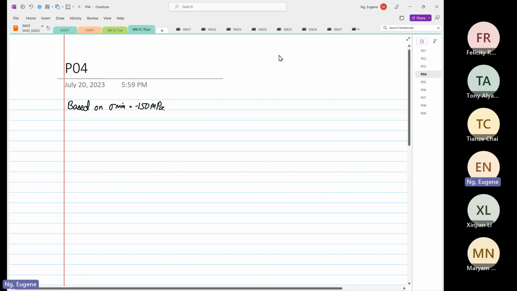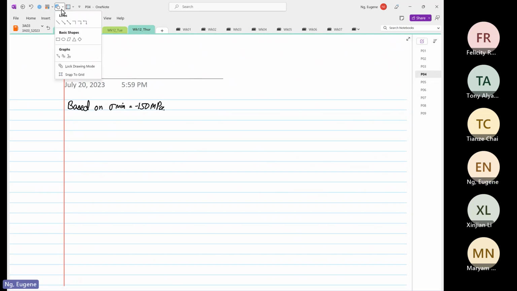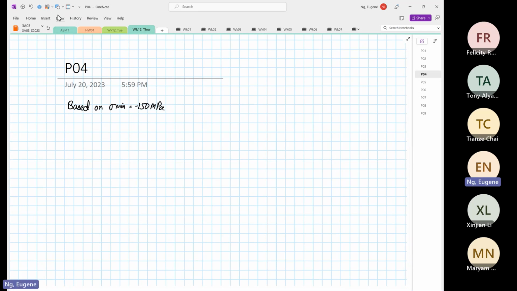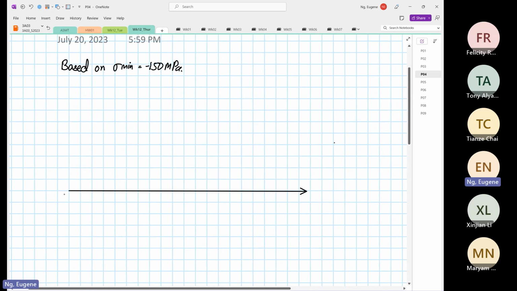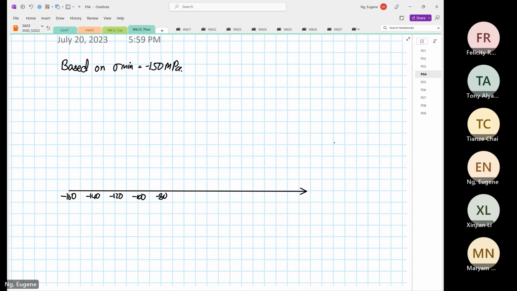So now we are going to focus on the negative part. I just explained to you why we cannot use the positive. So this is minus 150.